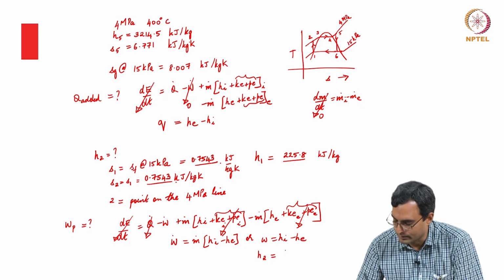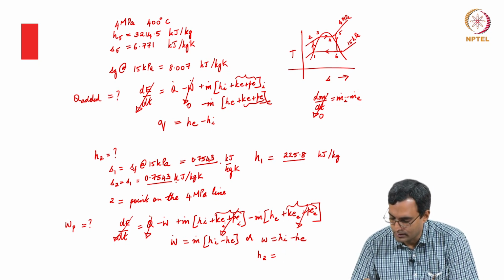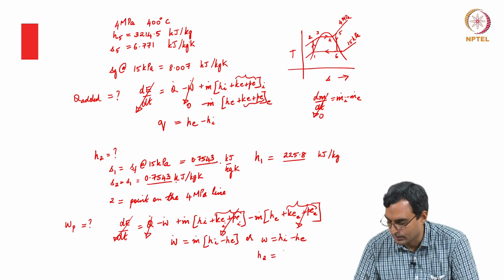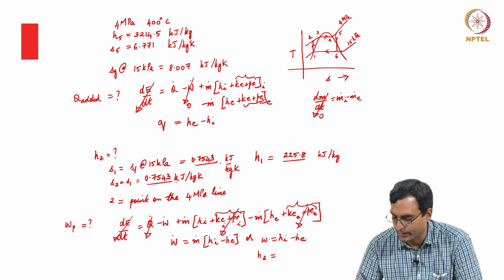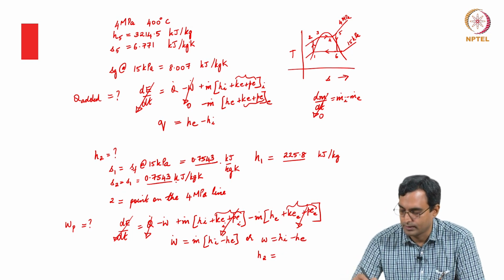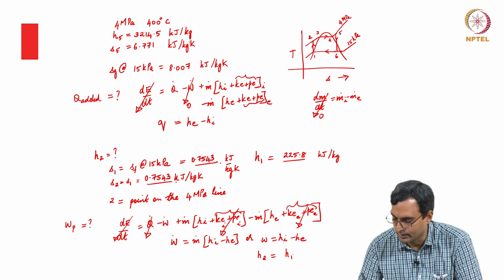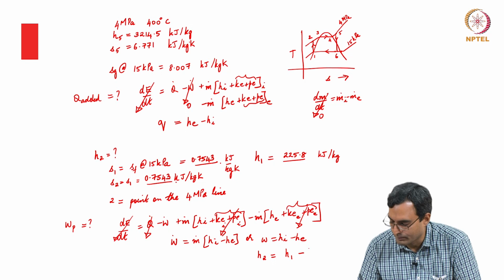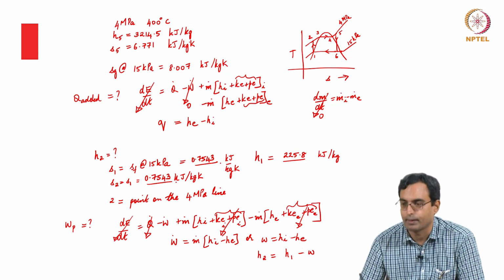Over here of course W would be negative, okay. So, this value would turn out to be negative. So, this says that the enthalpy at 2 is enthalpy at 1 minus W, and W itself would be negative.